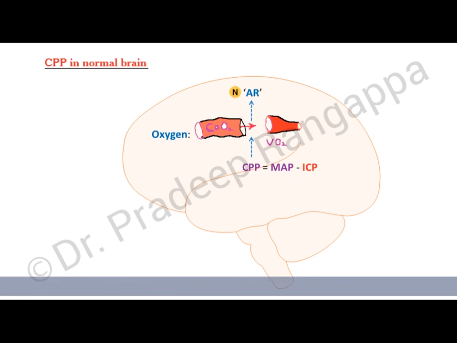But one important thing I want each one of you to understand is that although cerebral perfusion pressure is an indicator of cerebral blood flow, there are a lot of autoregulatory mechanisms in the brain which determine this cerebral blood flow.